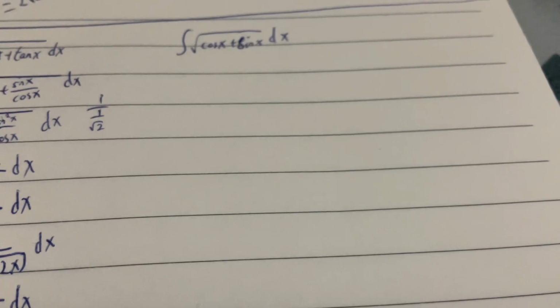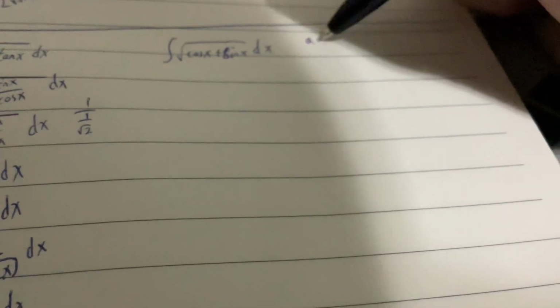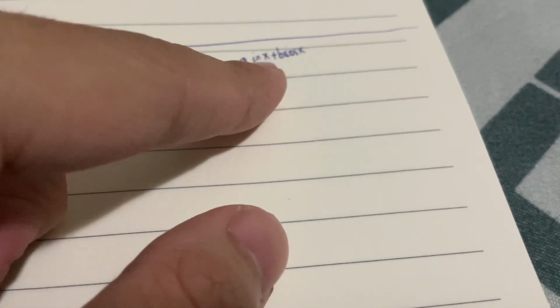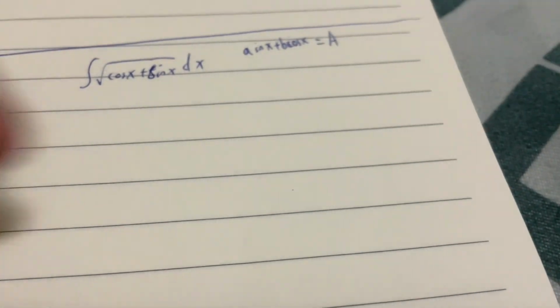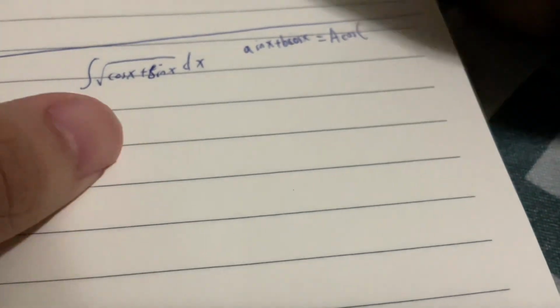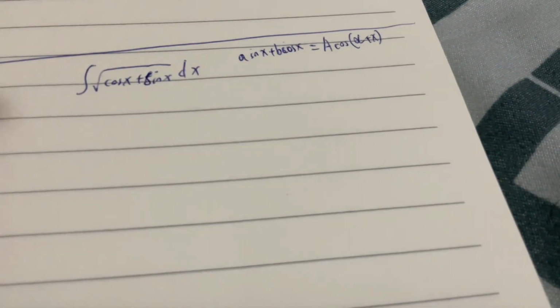We're gonna use the harmonic addition formula, which says if we have a sine x plus b cosine x, be sure the angles are the same, x and x, we're gonna combine to big letter A times cosine of our angle, let me call it small alpha, plus x. Here is the formula. And what is our A?